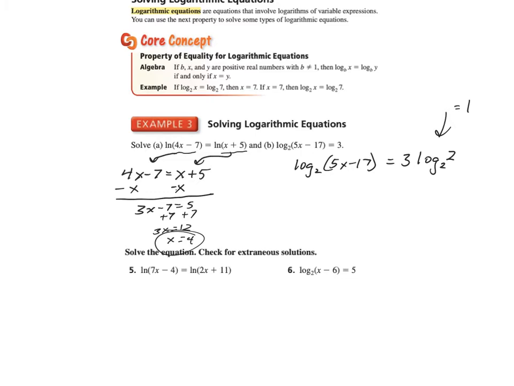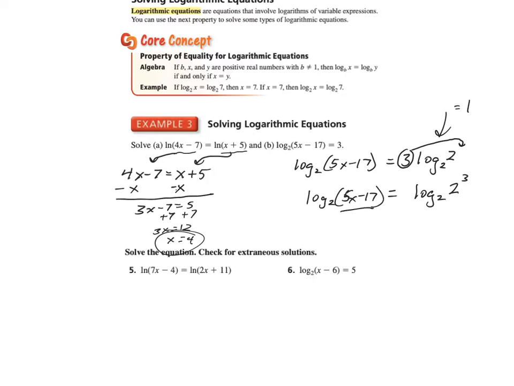Okay, but what does that allow me to do? It allows me to take this number in the front and put it up here as an exponent. Take a moment and see how cool that is for us. Now the problem is very similar to the one we solved at the beginning.